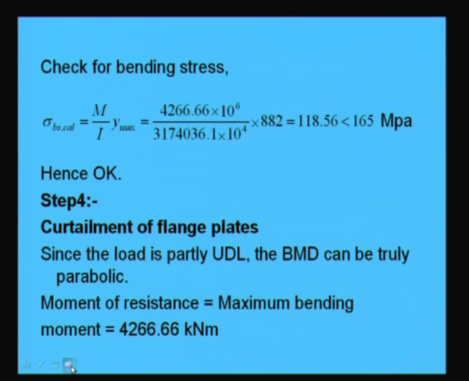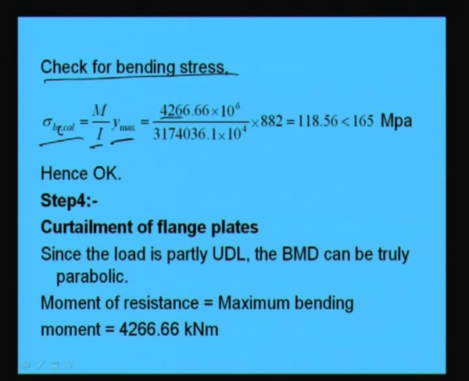Now, what we will do? We will check for bending stress. So, bending stress, what will be? Sigma BC calculated or sigma BT calculated, where maximum is, and in this case both will be same, right. So, this will become M by I into y.